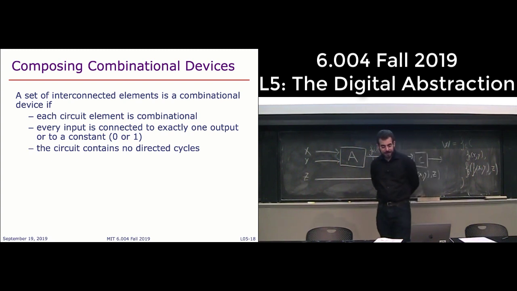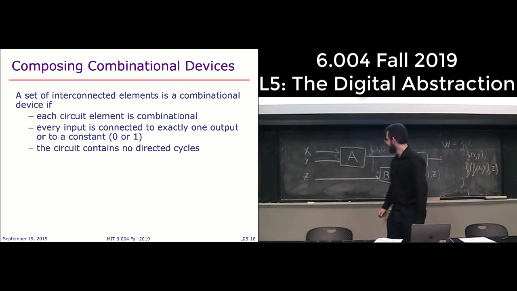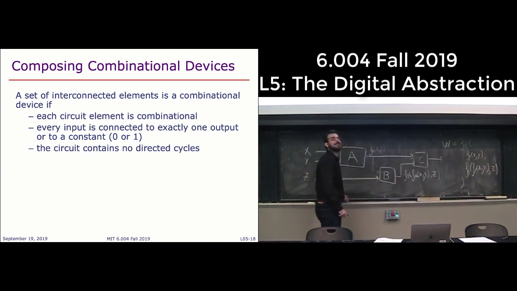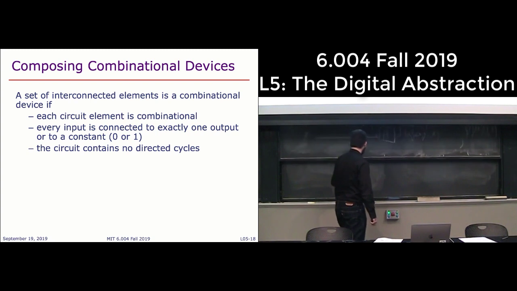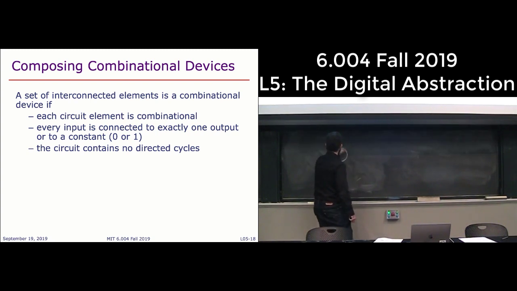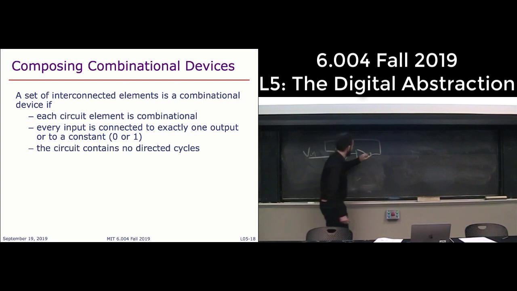Finally, we have this condition that the circuit cannot have directed cycles. Let me just show you why. We already have all the tools we need to produce really bad behavior.